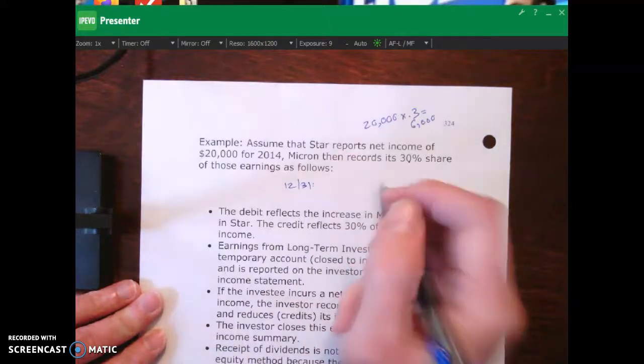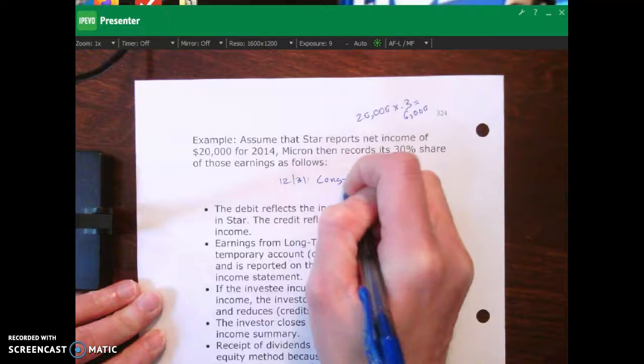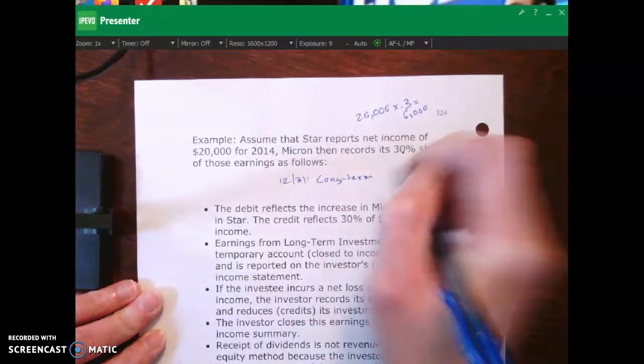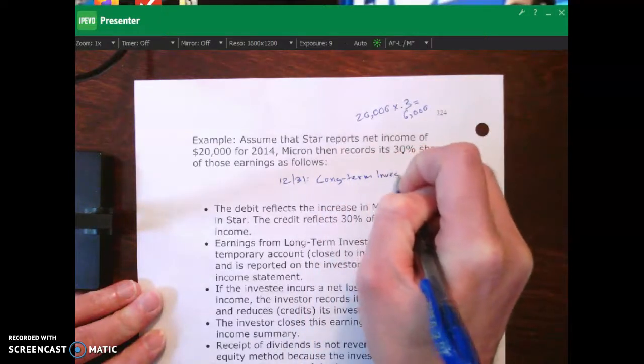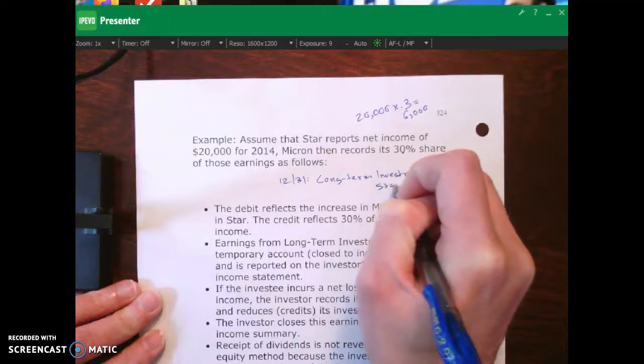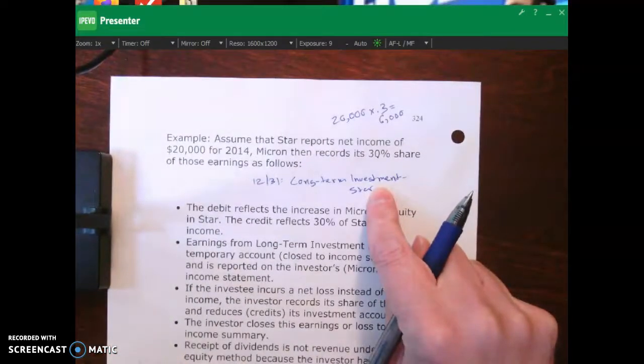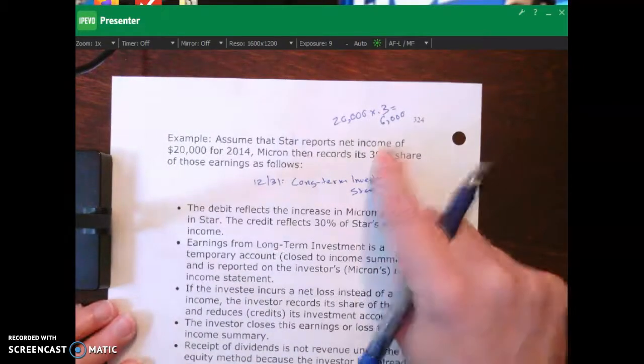So what we would do over here is we would debit our long-term investments, increase that investment in Star, the value of that investment. Because remember, this is when we bought it, we debited it. Now we're coming over here, Star has $20,000 net income.